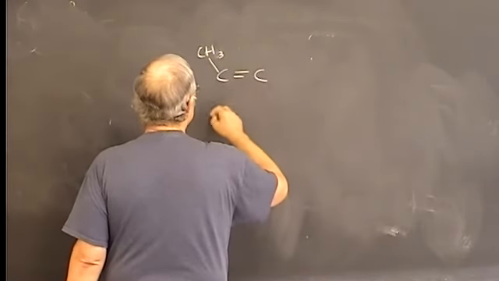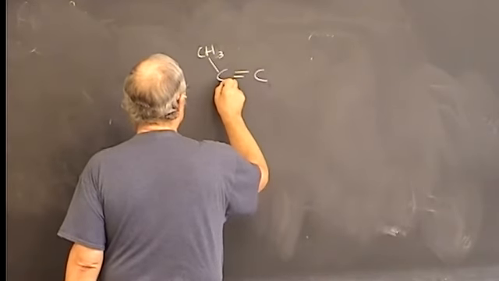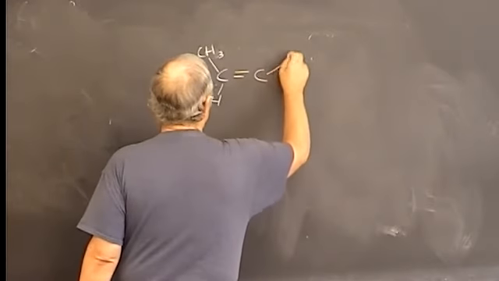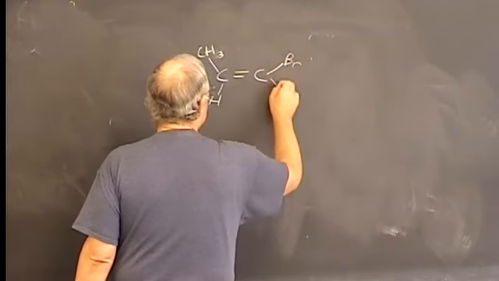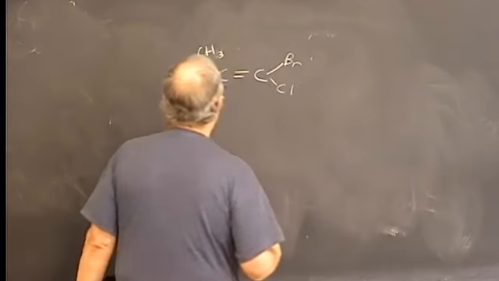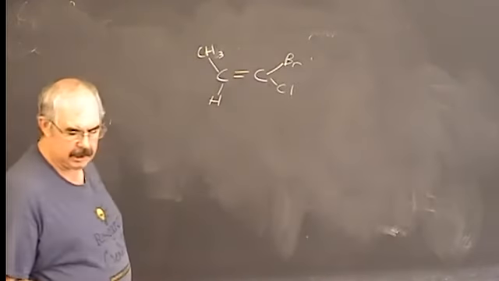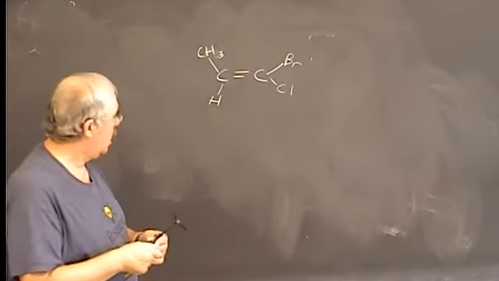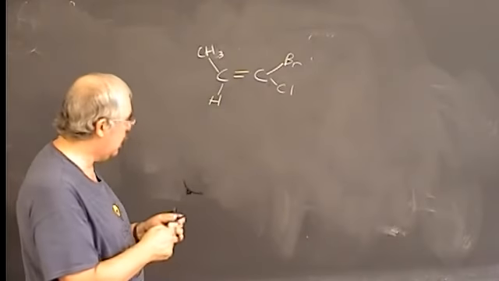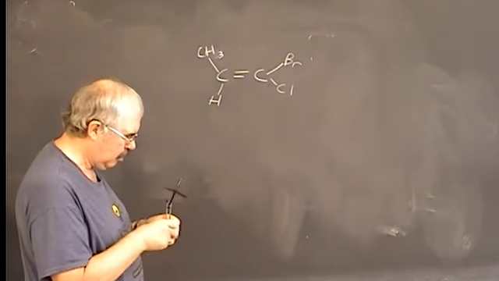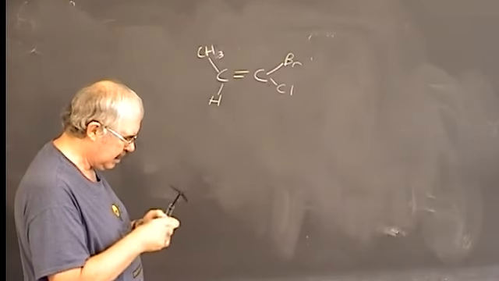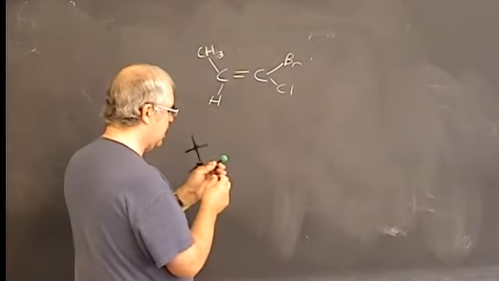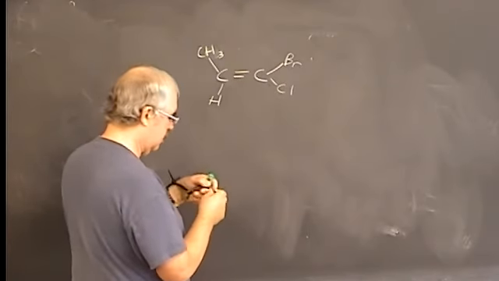The double bond actually has to be between 1 and 2. So 1-bromo, 1-chloro, 1-propene, and I'm going to use green to represent chlorine and red to represent bromine. Bromine is a red-brown liquid. Chlorine is kind of a greenish-yellow gas.